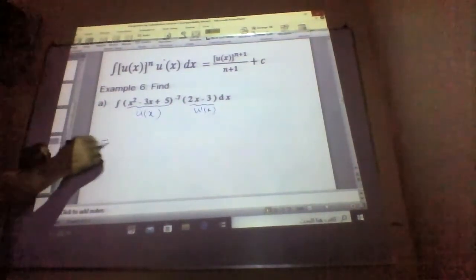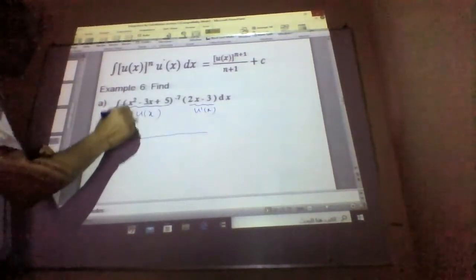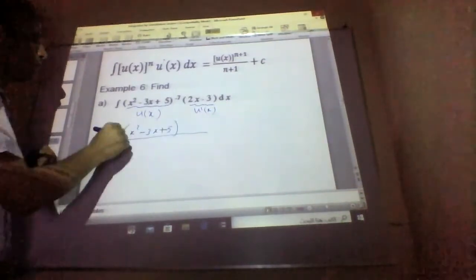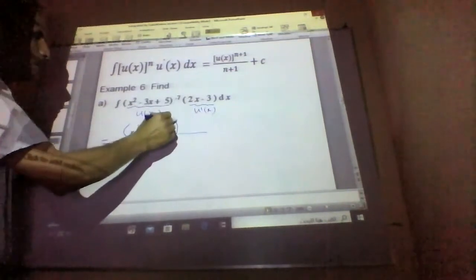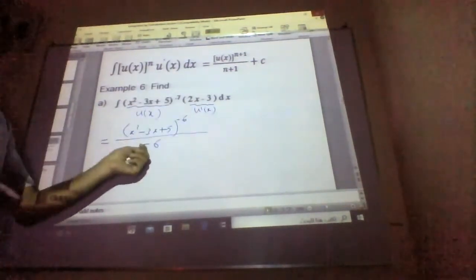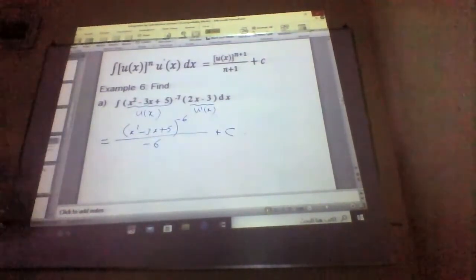So we can apply the form directly. x power 2 minus 3x plus 5, whole power n plus 1, -7 plus 1 will be -6, divided by -6, then u power -6, plus a constant.